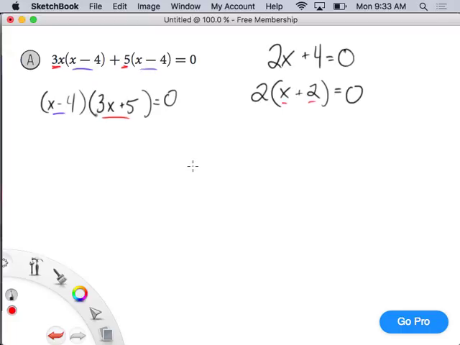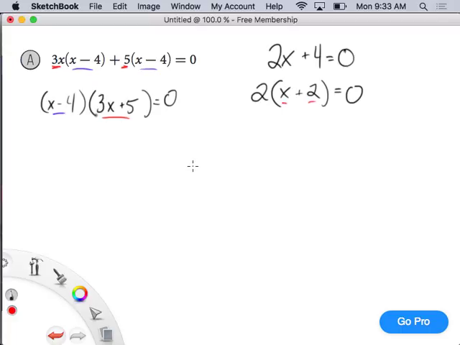No, because you basically just did the opposite. If you were going to FOIL right now, you might as well have just distributed those terms in and combined like terms. We're not looking to FOIL right now. We're looking to find the zeros. So why did we do this?